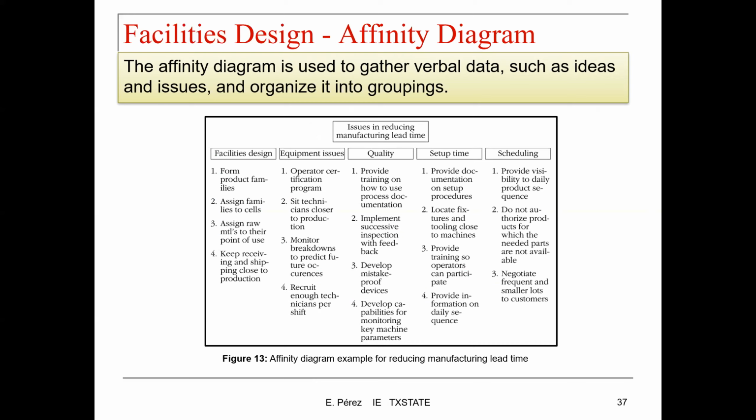So for example, in figure 13, I have an affinity diagram example for a problem that is looking at reducing the manufacturing lead time. So, the first thing we are trying to do is to gather information. This is verbal information, and we are grouping that information into the larger issues.